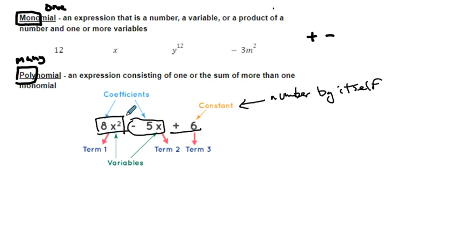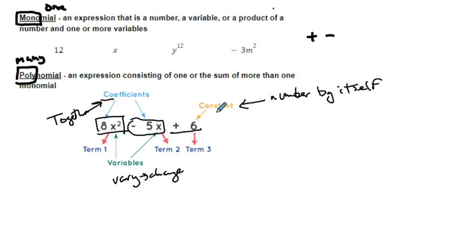So, many monomials. These two both have a coefficient, which is the number. Co means together, and that is also a Greek Latin word root. I don't know where efficient comes from, but it probably means something. And then the variable is called that because it can vary or change. That's where all these terms come from. They're not just created in a vacuum by some insane guy saying, let's call this this.